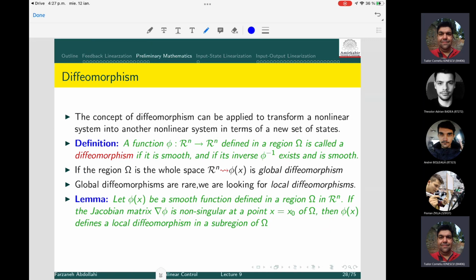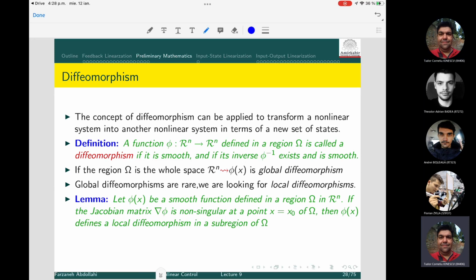Another important notion is the so-called notion of diffeomorphism. This is used to be able to compute coordinate transformations. Coordinate transformations are essentially diffeomorphisms. A diffeomorphism adds something else to a mapping besides differentiability, and that's the existence of an inverse function. So a function phi defined in a region omega is called a diffeomorphism if it's smooth and if its inverse phi inverse exists and is smooth.